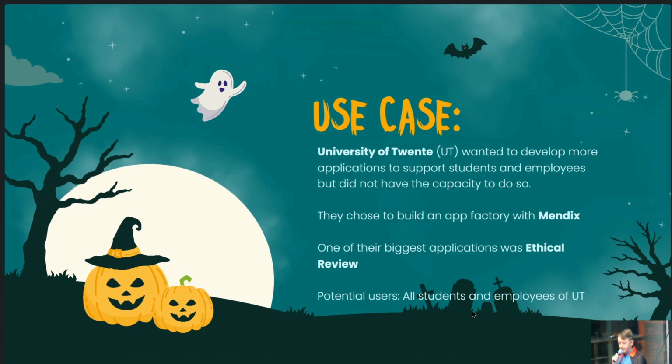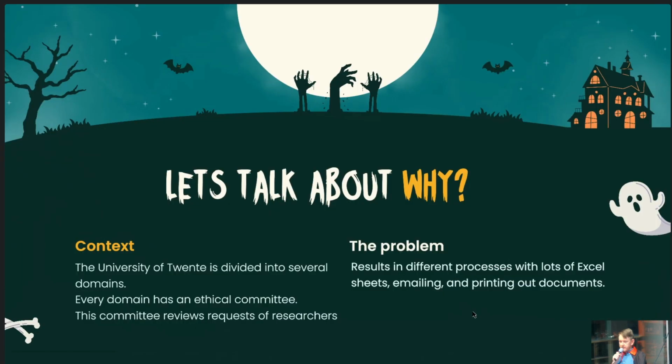A university, I'm not sure, I haven't studied at a university, but I've been told that it's split up into several domains. And if you want to do research at a university, you go to your domain, and if there are maybe some ethical problems with your research, for example, you're doing research on people with drugs, or you're doing research on animals, there are some ethical aspects to that.